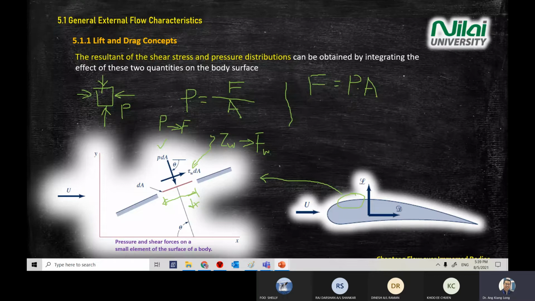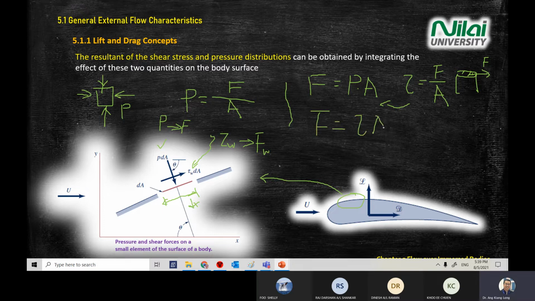Now recall just now, what is shear? Shear is also force divided by area. Shear is something that goes parallel to the area. How do you convert it back to the force that we like in derivation? You write force equals shear times area.